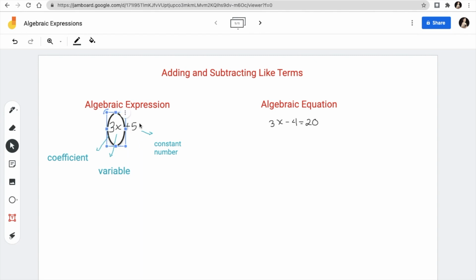Because you have 3x plus 5, you have two terms in this expression, in the same way as you have two terms in the other example. If I write down 4x plus 5x minus 2, if this one is not yet simplified, then I have three terms in this algebraic expression.